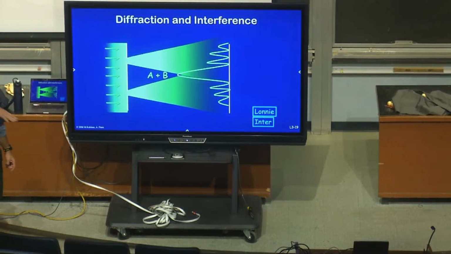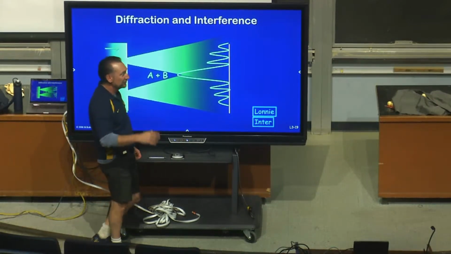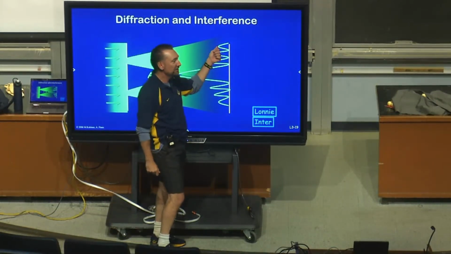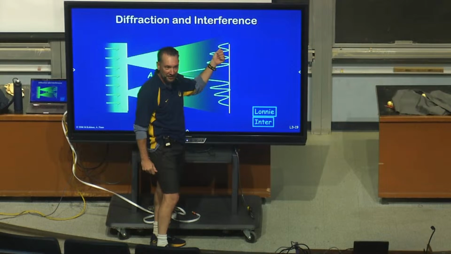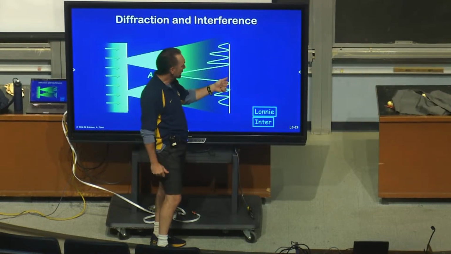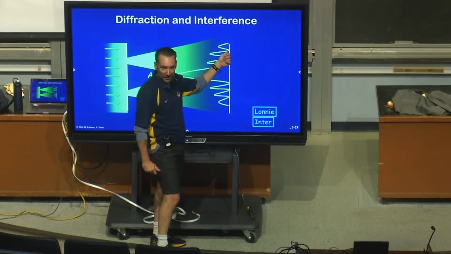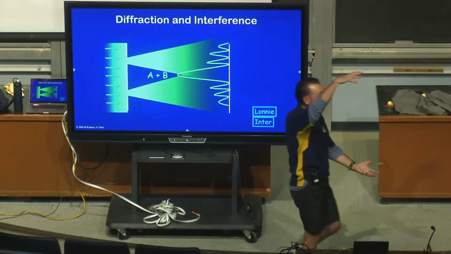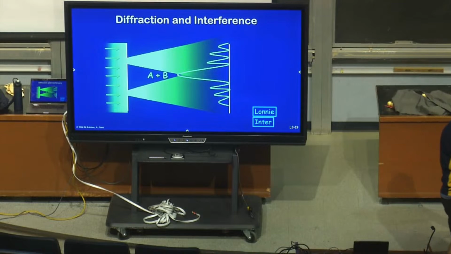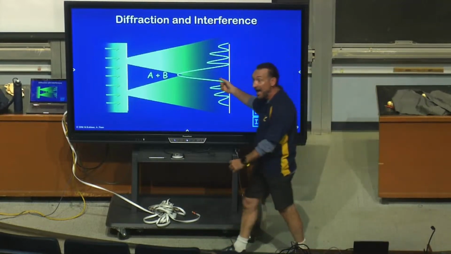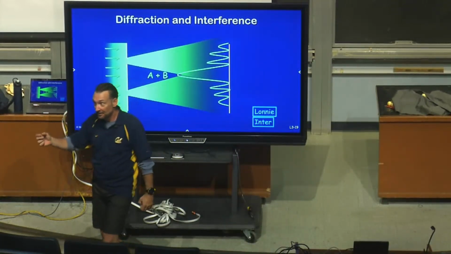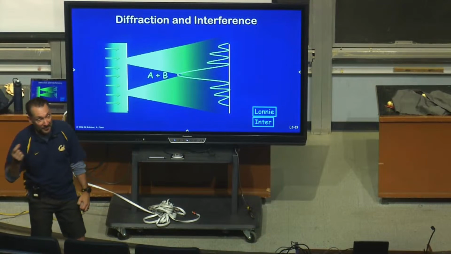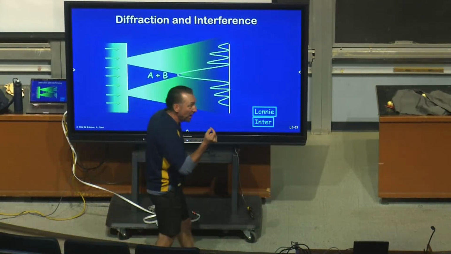We saw you could add waves together, and there are places where you get constructive interference, and places where you get destructive interference. Constructive gives brighter light, destructive gives dimmer light. So the fact that this happens proves that light is a wave.